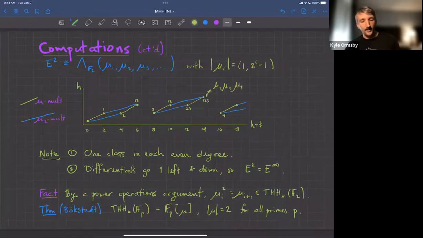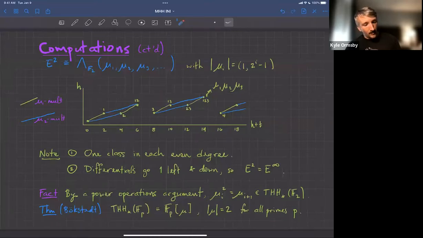And similarly for the other classes. Of course, it's exterior, so we're never going to have a duplicated index. And what can we observe? Well, there's a single class in each even degree. And if you work out the numerics of the differentials, they all go 1 left and then down some amount. So just for grading reasons, we immediately know that this spectral sequence collapses and E2 is equal to E infinity.